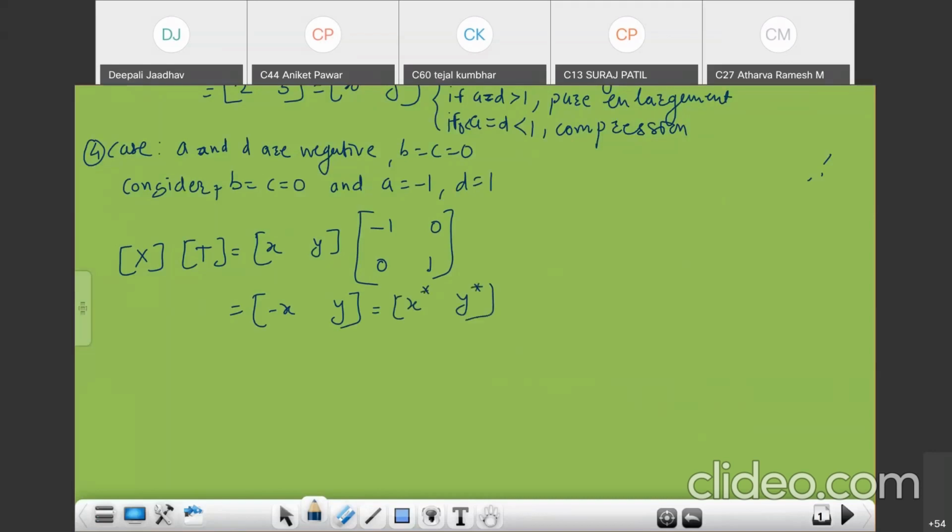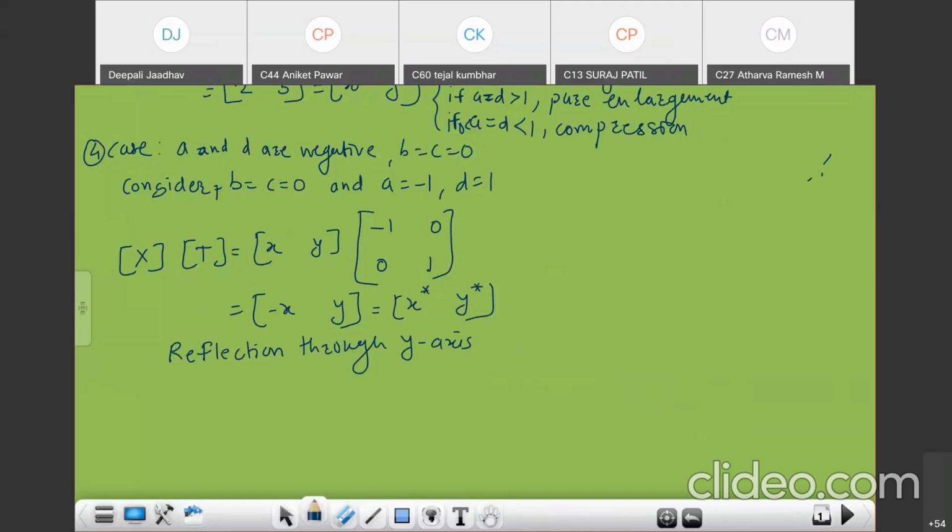Now what does it show? X star is equal to -X. What does it show? It shows the reflection through the Y axis. Now see it with an example. I will give one example here.